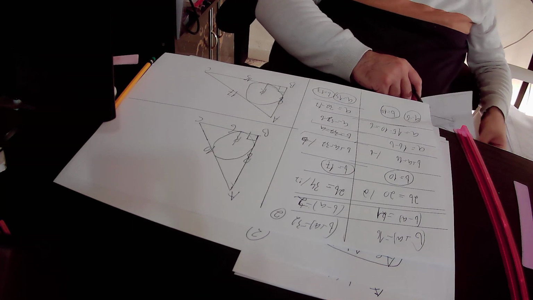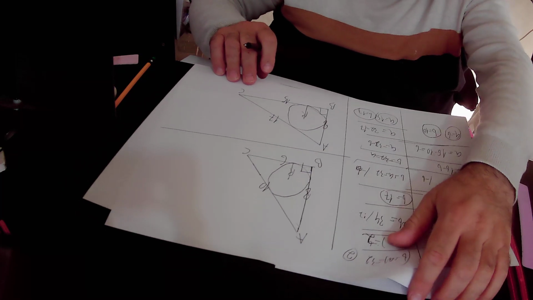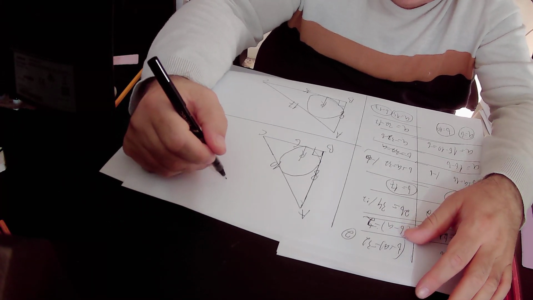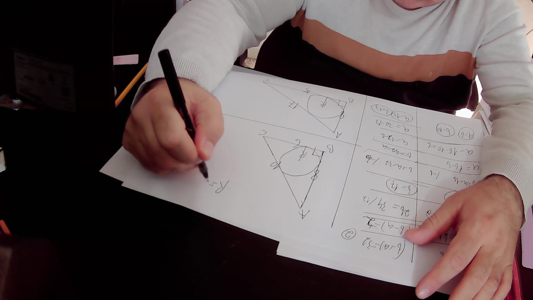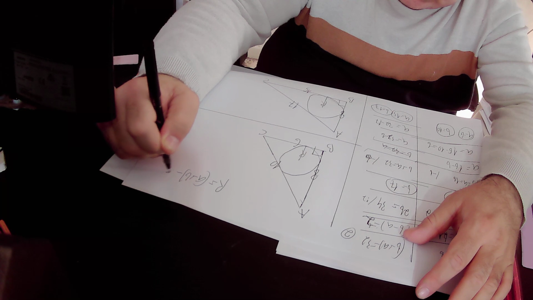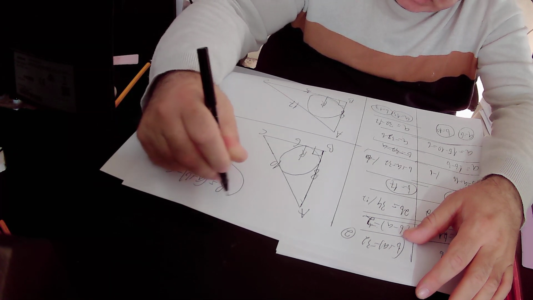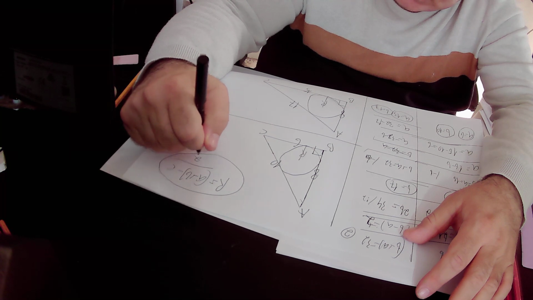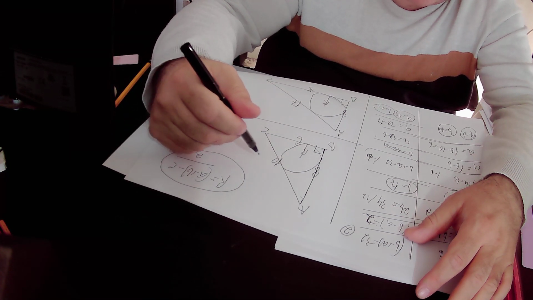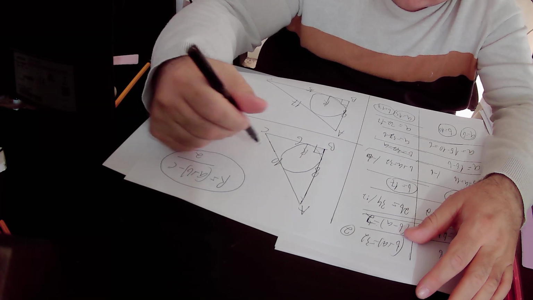So here we found that the formula for the radius of any circle that is inscribed by a right triangle is equal to A plus B minus C over 2. Here A plus B is the sum of the perpendiculars, minus C is minus the hypotenuse, over 2.